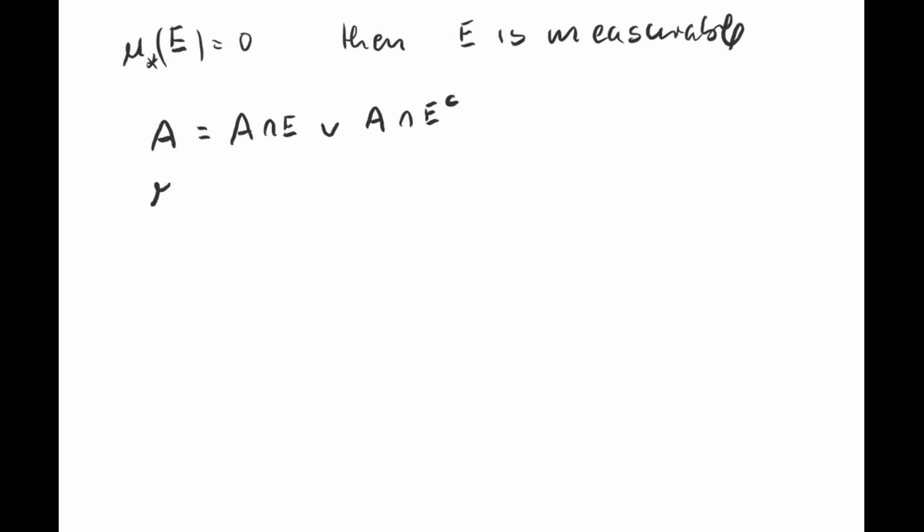So mu star of A intersected E, since A intersected E is a subset of E, should be contained in E. So this is 0.